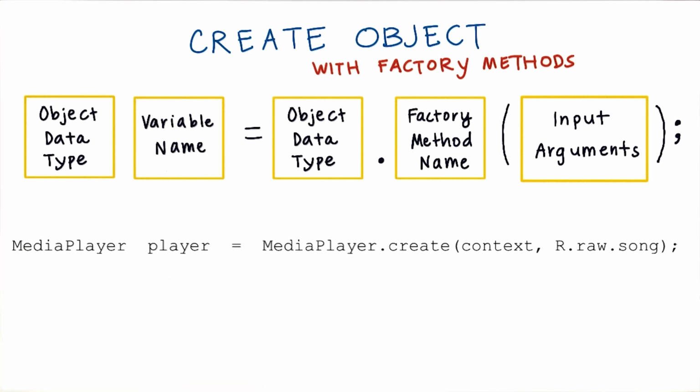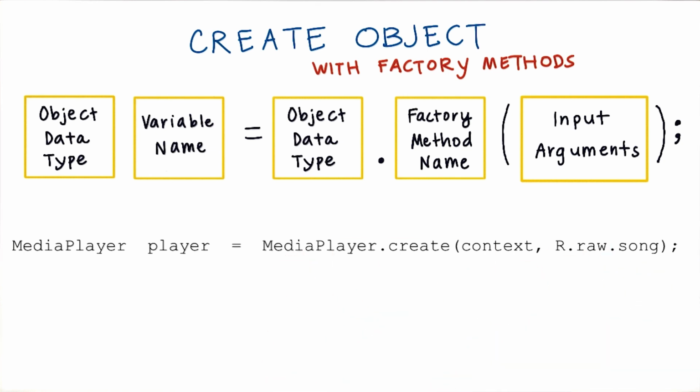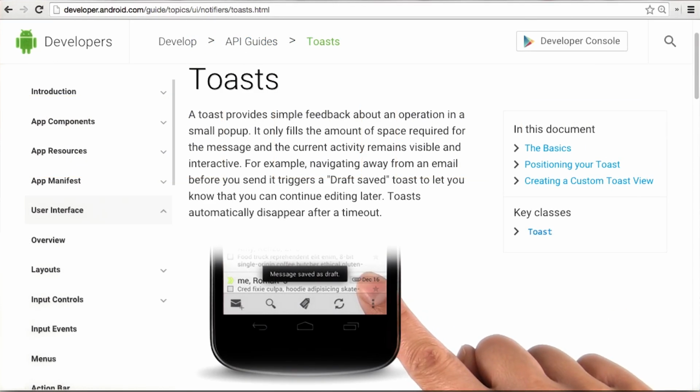It follows the format of object data type, so MediaPlayer with a capital M, dot, and then the factory method name, which is create in this case, and then you pass in the input arguments to initialize that media player. Here's another example of how to create a Toast. A toast is a message that pops up temporarily in your app and then disappears.